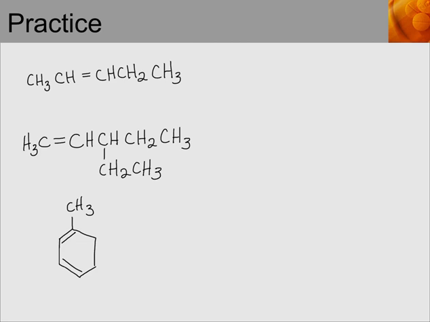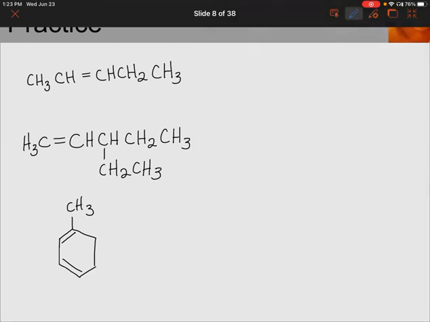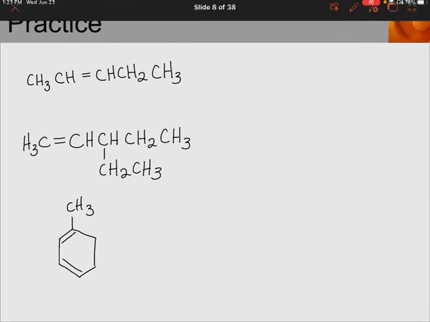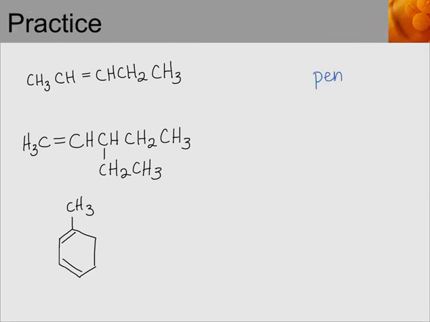Okay, so let's start with the first one at the top. How many carbons do we have in that longest chain? 5. So normally, if this were an alkane, we would call that pentane. And remember, I do have flashcards from the last chapter with all of those prefixes.